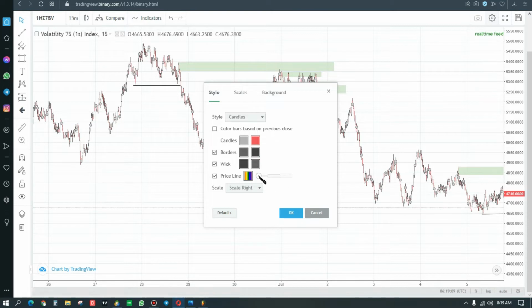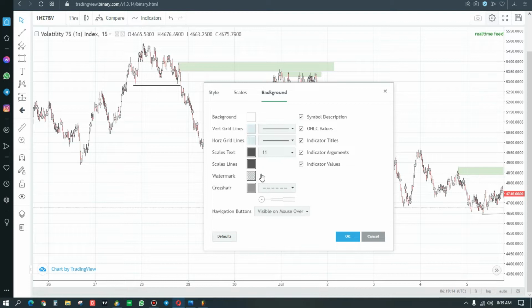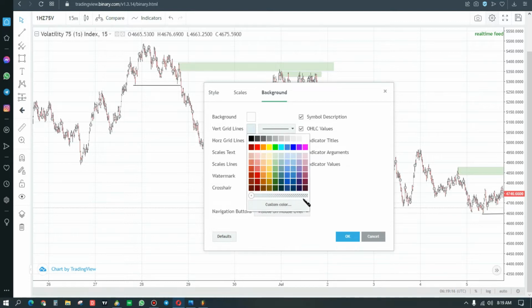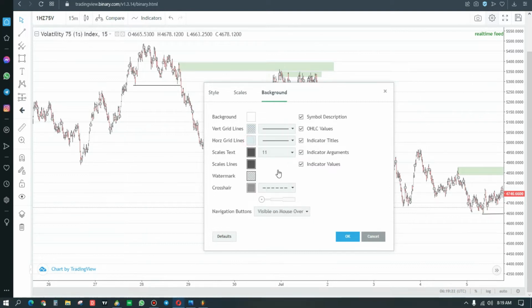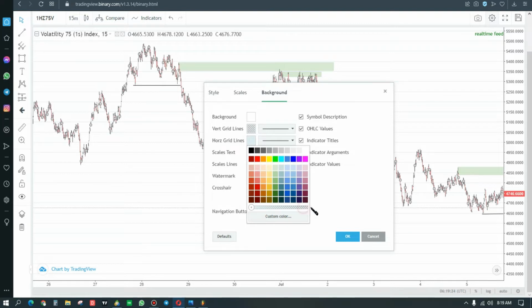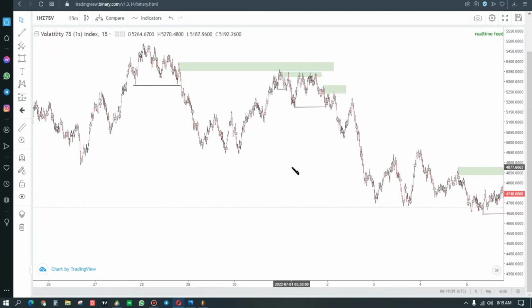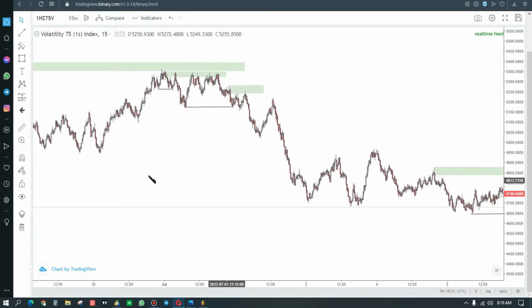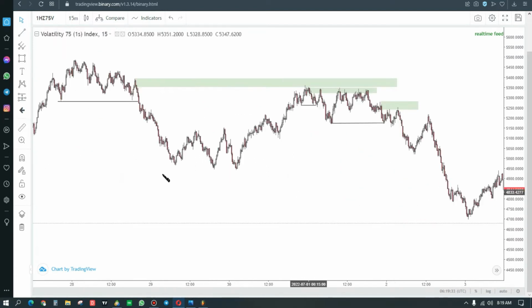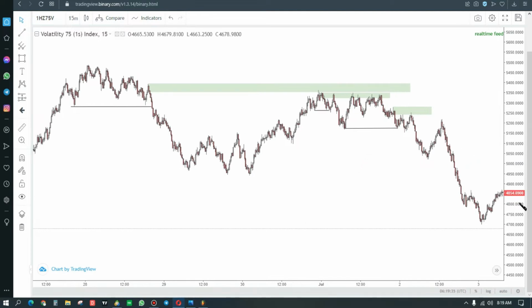I don't like to see this, so I'm going to put it on transparent. Okay, now that my chart looks clean, I'm going to show you backtesting, looking back at the chart.